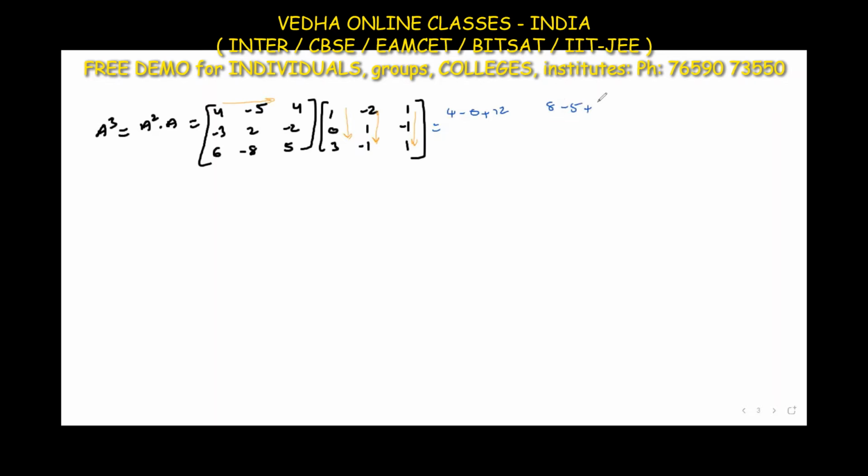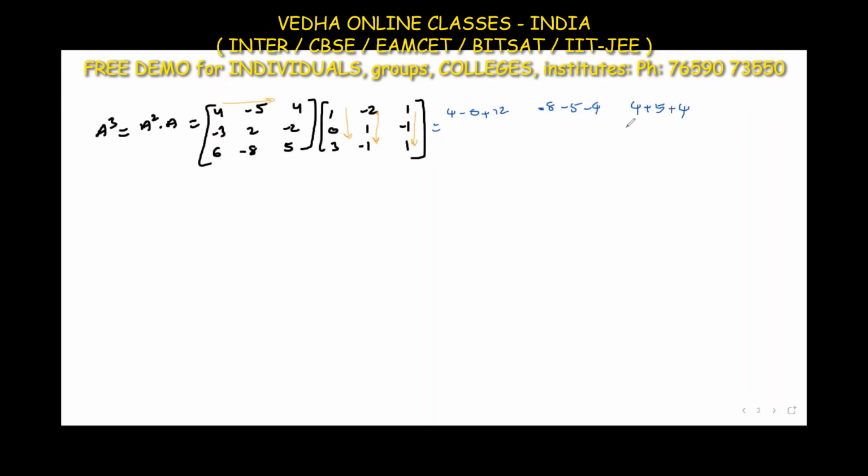Afterwards, 4 into minus 2 is minus 8, minus 5 into minus 1 is plus 5, and 4 ones are 4.